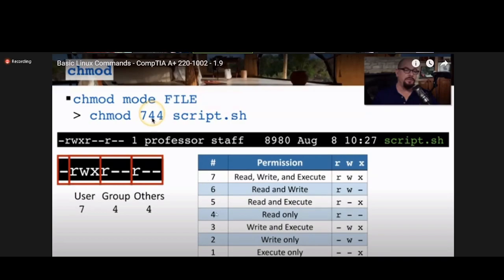We already mentioned this is octal, base of 8, so the value will be 5. If we have read and write, these two bits are on, so the value will be 6. If all permissions are there, then it is equivalent to 7.